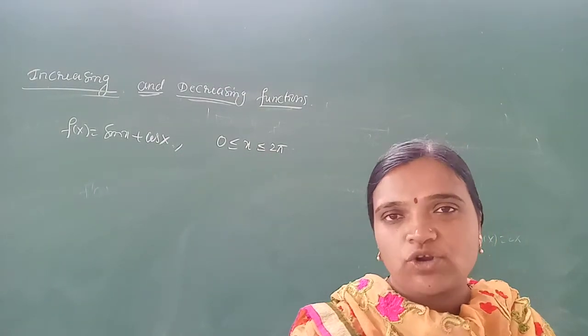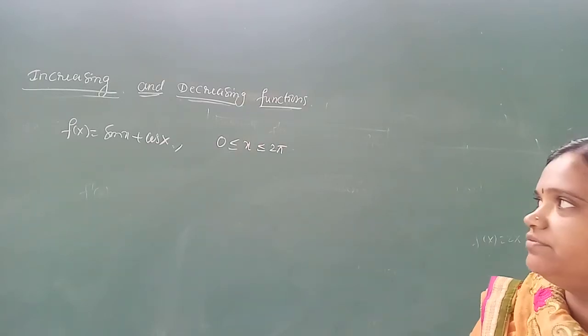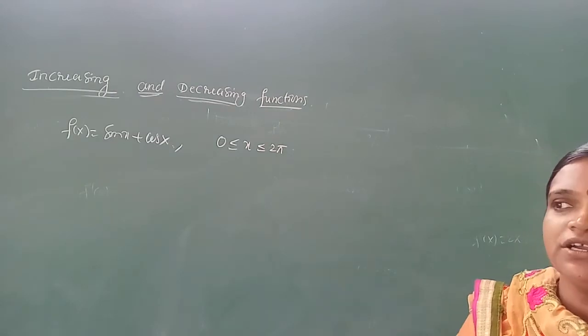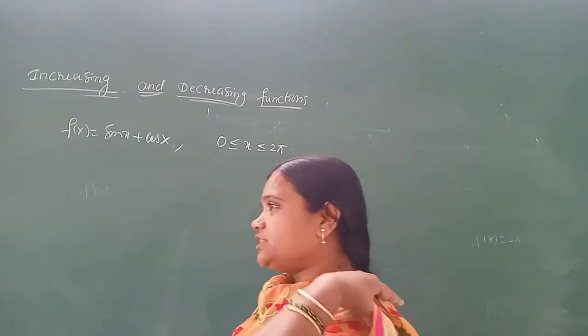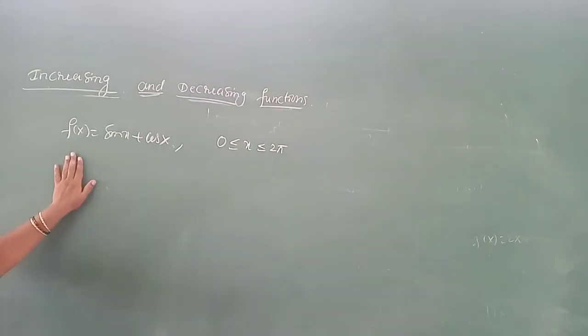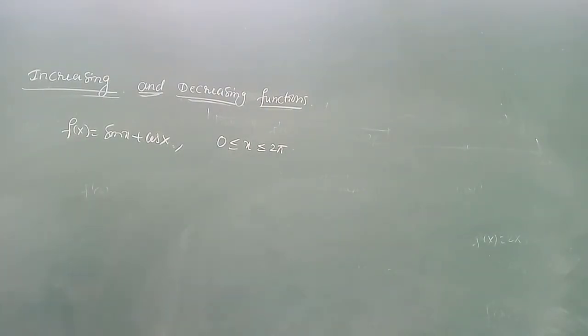If the points are not mentioned, better we take minus infinity to plus infinity. Remember that. Usually they will give the points in a trigonometric function. Here also, find the intervals in which the function increases and decreases.